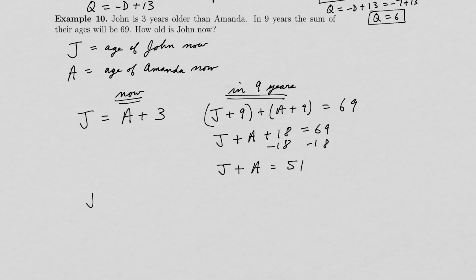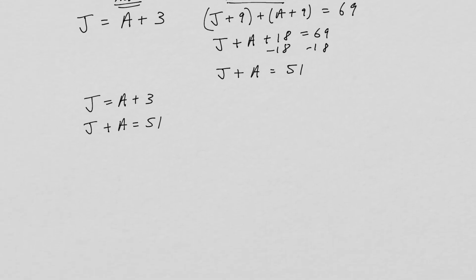I have J equals A plus 3, and then J plus A equals 51. Okay. It looks like this is set up to solve using substitution, right? Because the J is already isolated. But just for practice, let's use elimination.